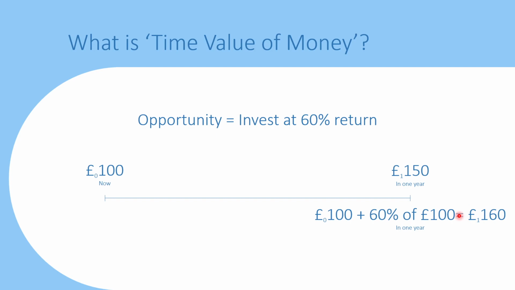And that 160 is better than the 150 that you would have been offered under option 2, right? And in that case, you would prefer to pick the 100 now instead of the 150 in 1 year's time, because you know that you can take this 100 now, invest it at a 60% rate of return, end up with 160 in 1 year's time, and that is better than the 150 in 1 year's time that you would have got.